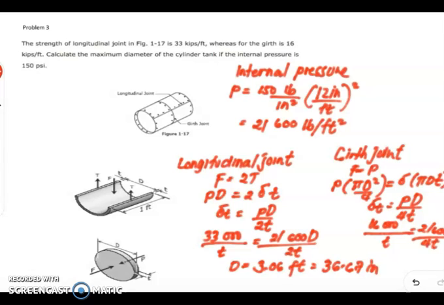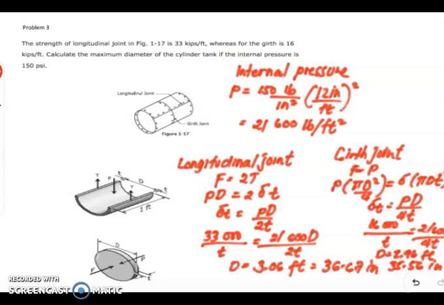So our D here actually is equal to 2.96 feet, or this is actually equal to 35.56 inches. So therefore, we use the smaller value in diameter.